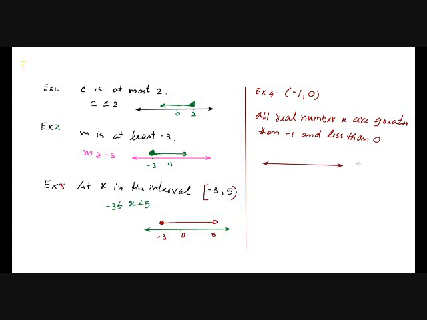How is it? Both open, correct? Say my 0 is right here, -1 right here. Both of them are open, so you just put an open dot on both sides and draw one number line. So that represents these inequalities.